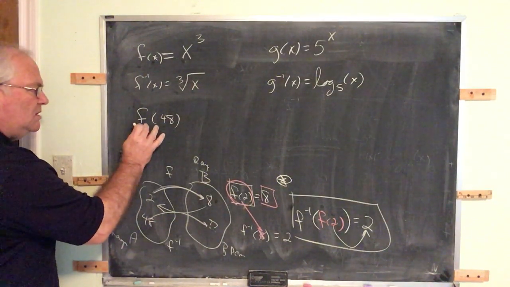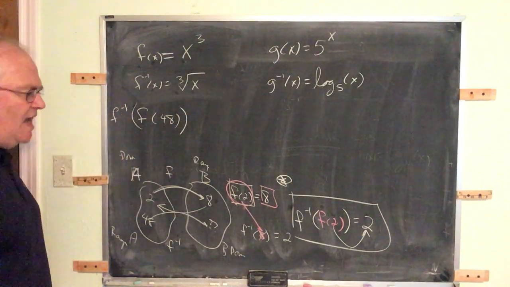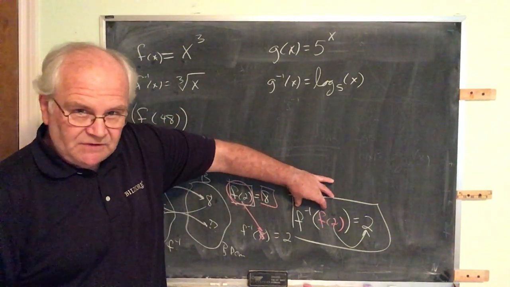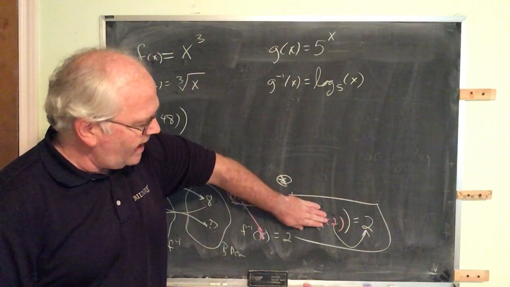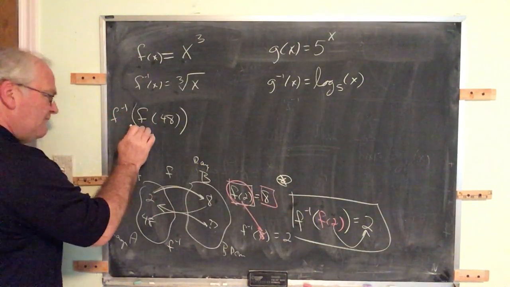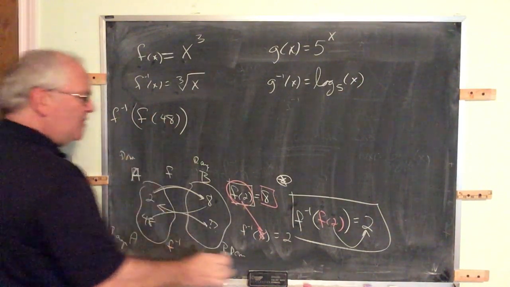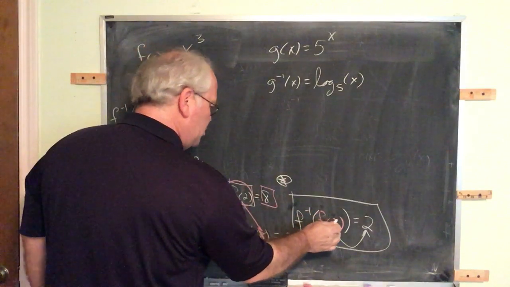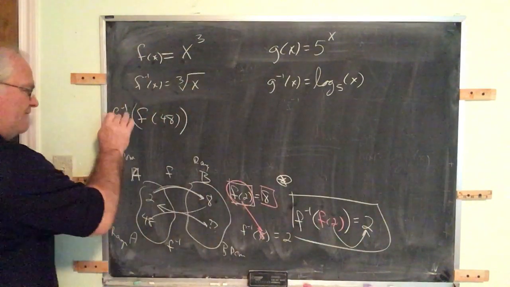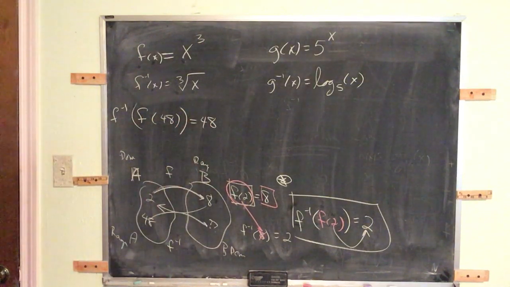But we know that if you take that result and immediately compute f inverse, now we are here. If you apply inverse functions in sequence, they cancel, you're left with just the argument. What is f inverse of f of 48? It's the same principle. F inverse of f of 2 is equal to 2. So f inverse of f of 48 is equal to 48.